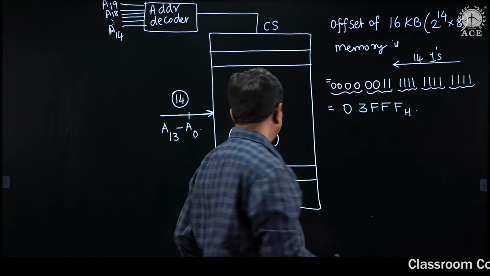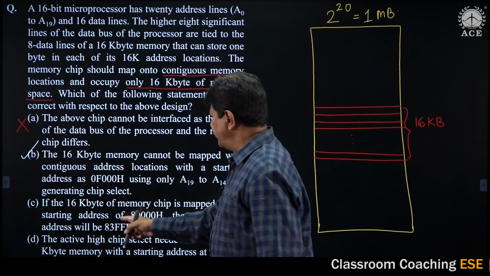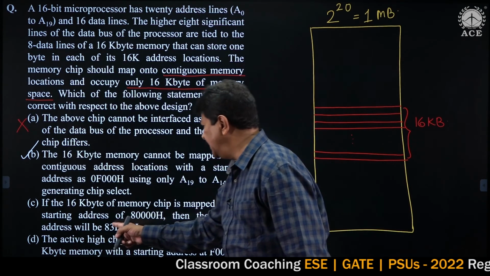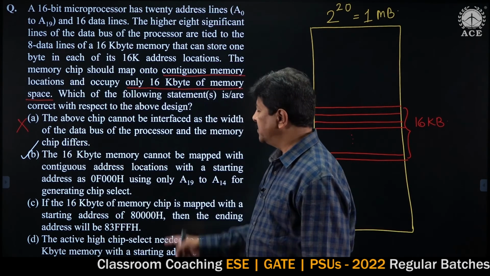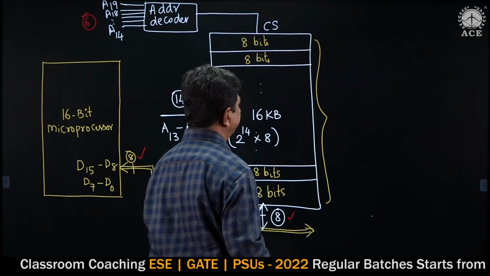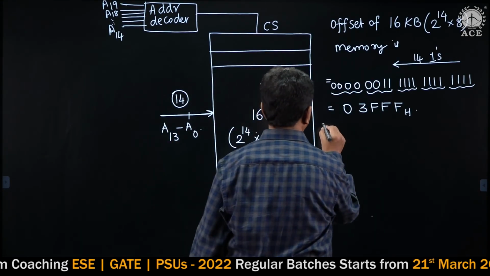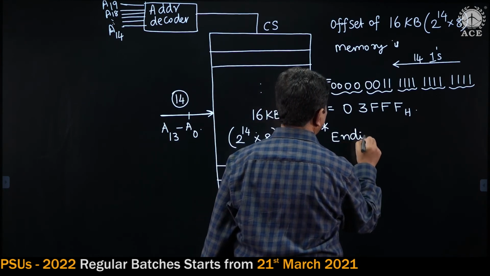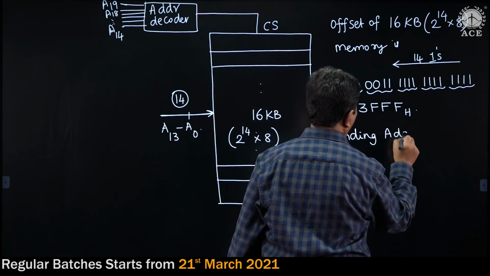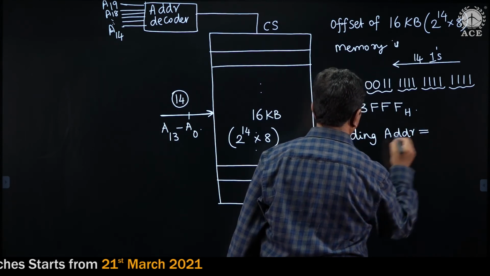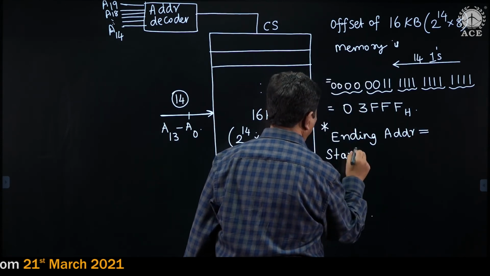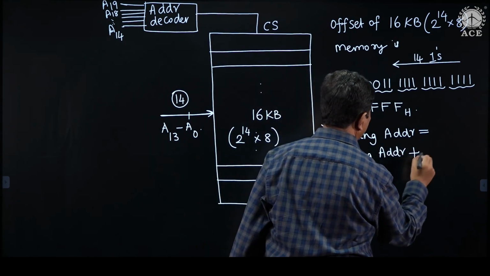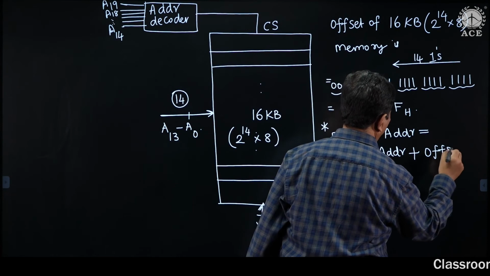Then what is the statement claiming here? Look at this. If the starting address is 80000H, then the ending address is 83FFFH. This is the true statement. The reason is this. The ending address is equal to the starting address plus offset.